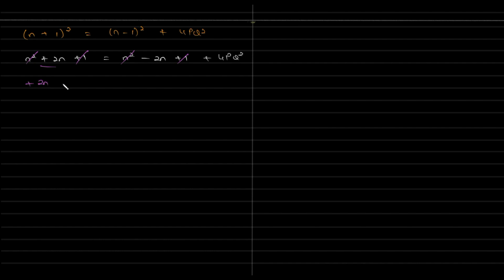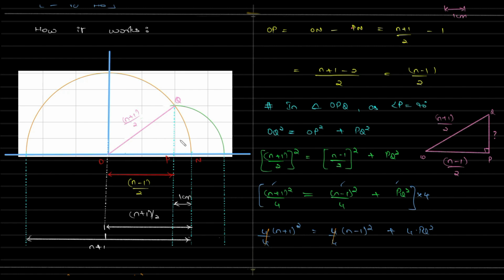So minus 2n to the left-hand side will become plus 2n, so 4n is equal to 4 PQ square. Divide by 4 on both sides. So n is equal to PQ square. So PQ is equal to square root of n. This was the whole idea, to prove that this length is root of n.